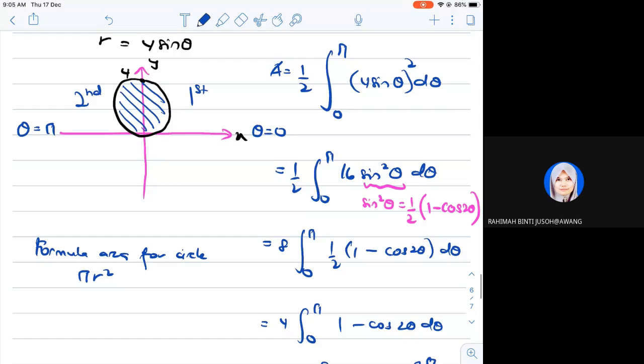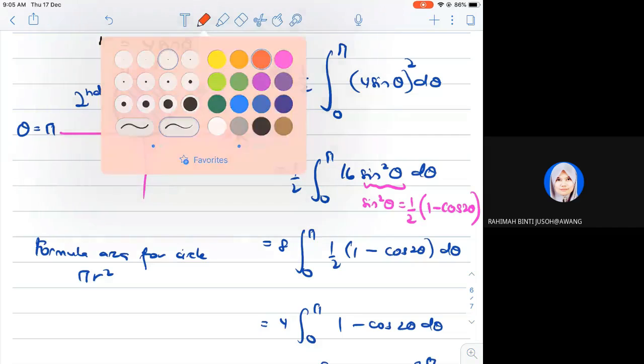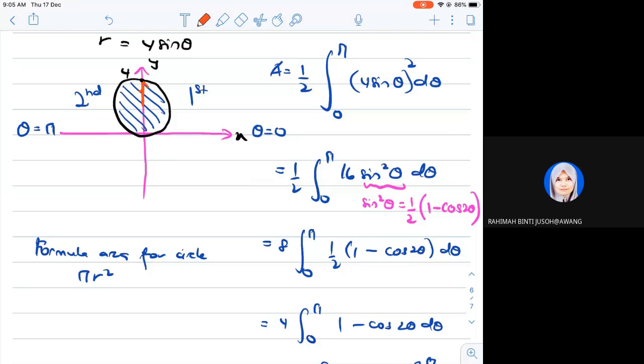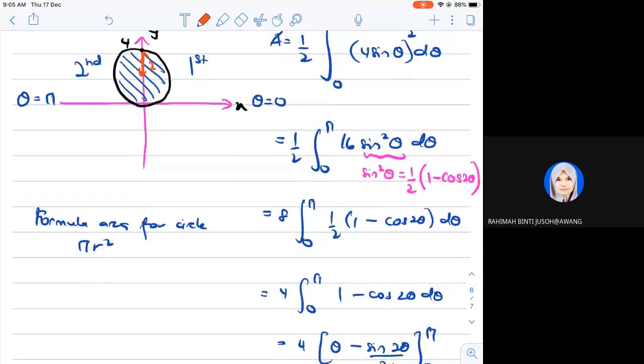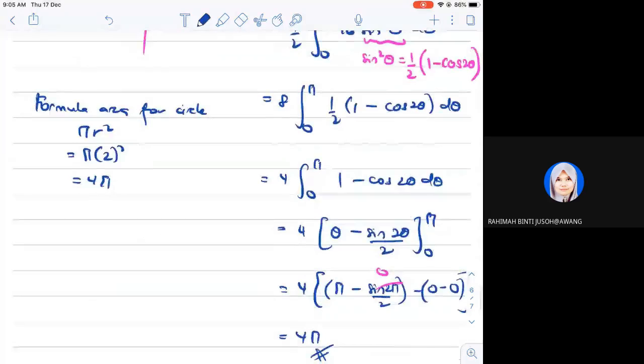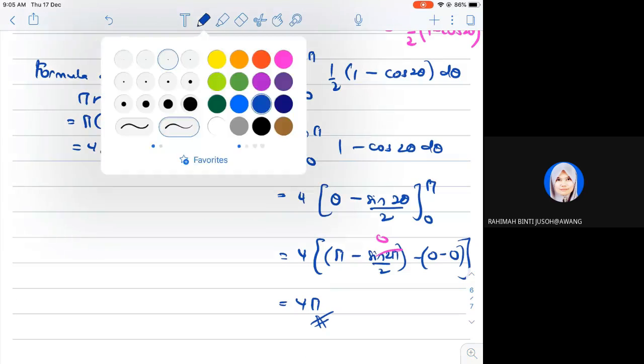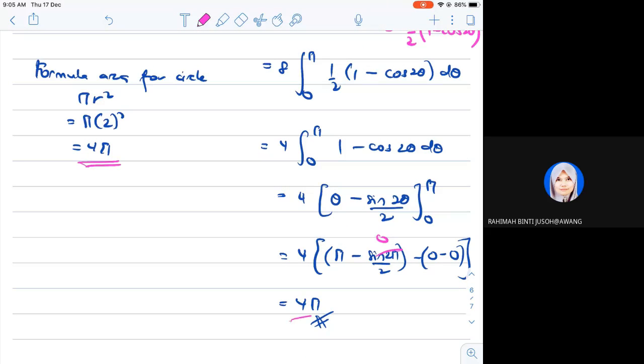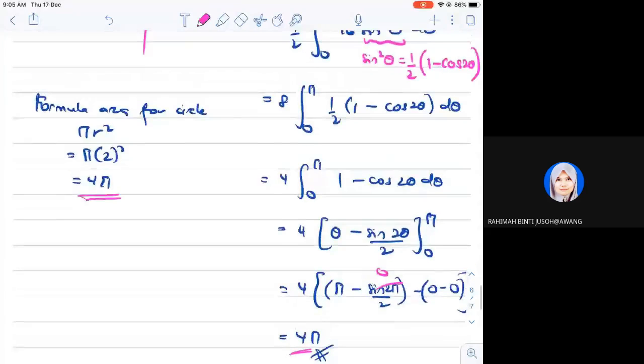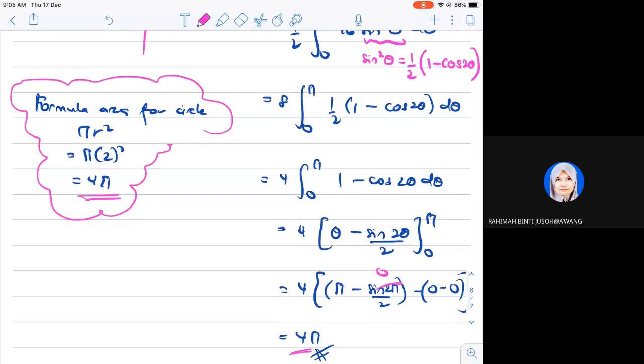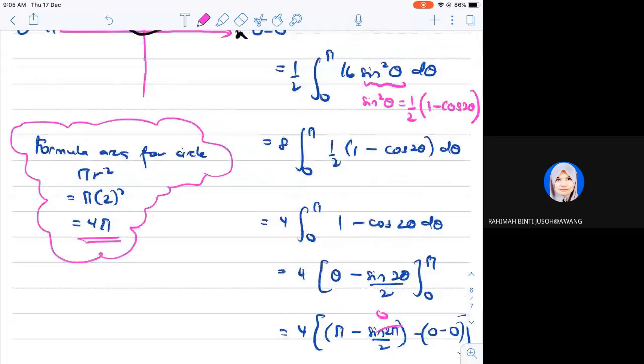In this case, the radius here is 2. So yes, of course, we can double check. So pi times 2 squared, so 4 pi. See, the same answer, isn't it? We have the same value, 4 pi.